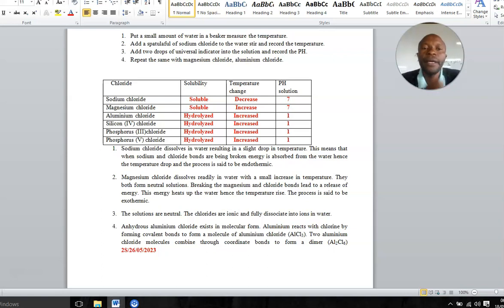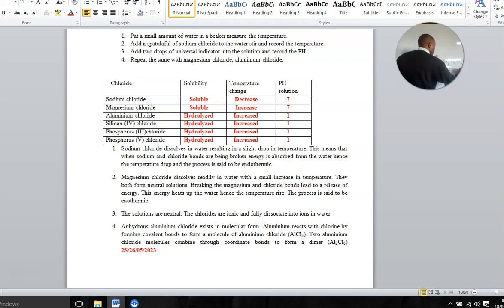Silicon 4 chloride. Again also, silicon 4 chloride undergoes hydrolysis. It reacts with the water, and the product is silicon oxide and HCl, gaseous state.